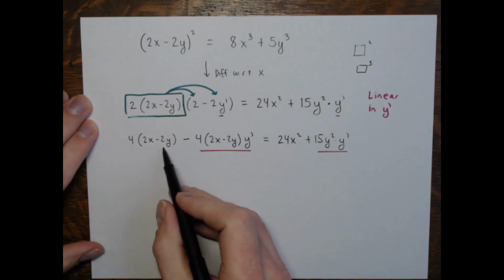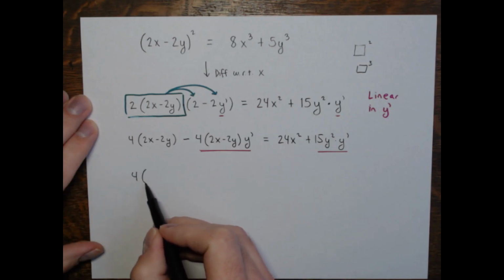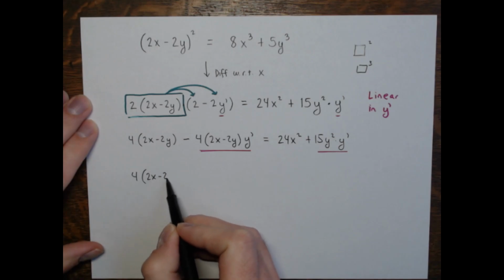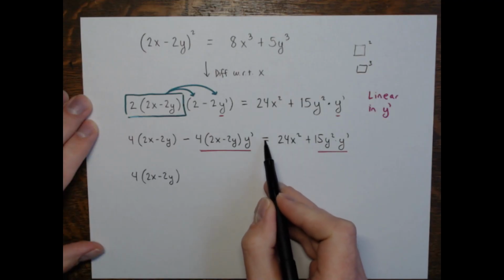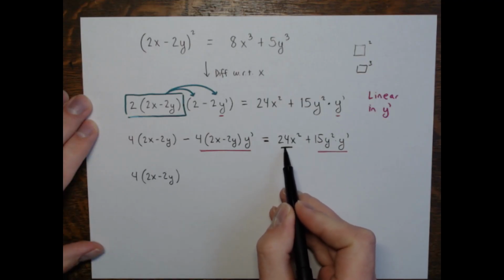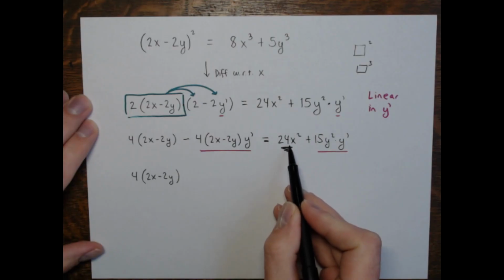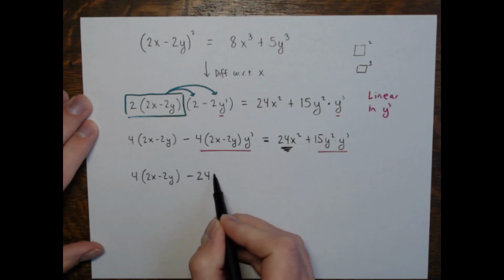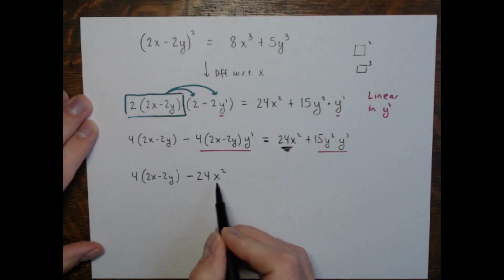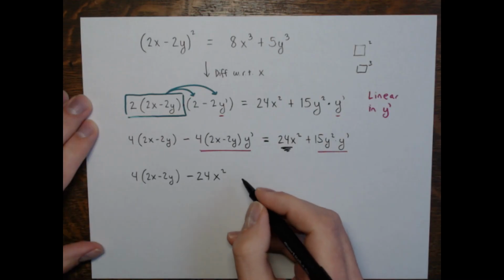to the left. So this term with the 4 times the quantity 2x minus 2y, that's already on the left. And then this term, 24x squared, doesn't have y prime attached. So I'm going to subtract that, put that over here on the left side with all the other terms that don't have y prime.